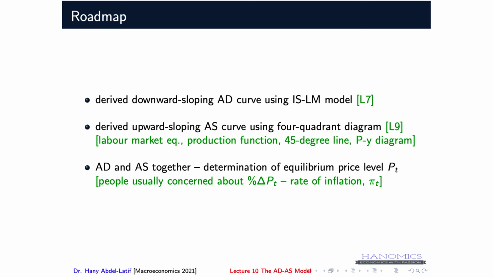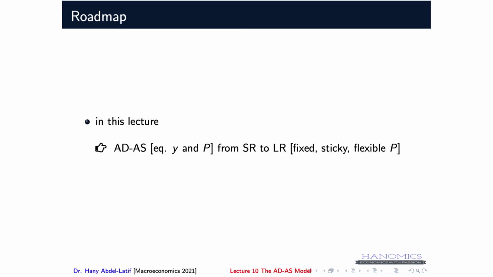So let's now put the aggregate demand and aggregate supply curves together, and see how we can use this analytical framework to understand how prices and output level are determined in the short run and in the long run as well.